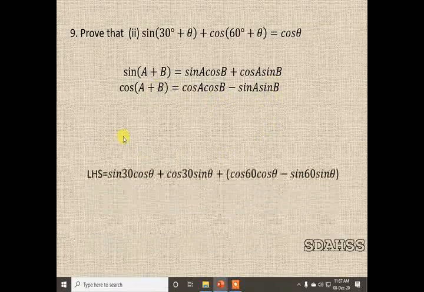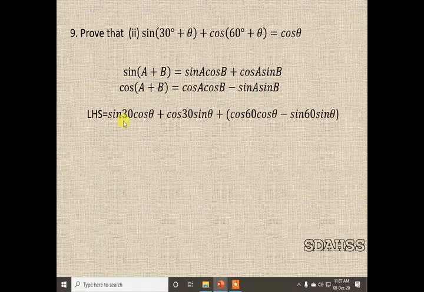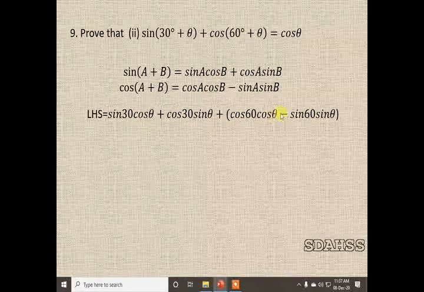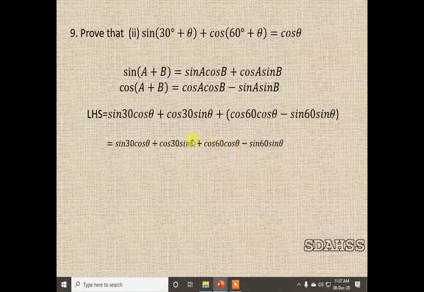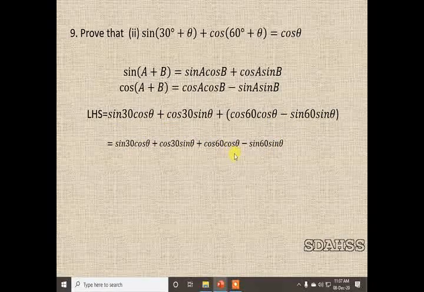Now the LHS: sin(30° + θ) can be written as sin 30 cos θ + cos 30 sin θ, plus cos(60° + θ) which can be written as cos 60 cos θ − sin 60 sin θ.